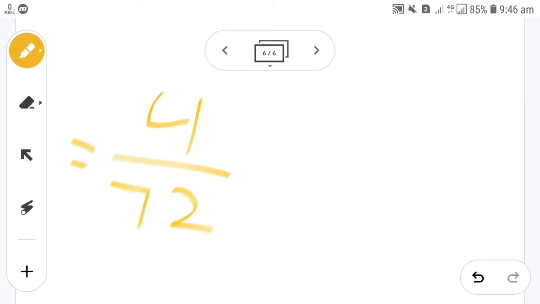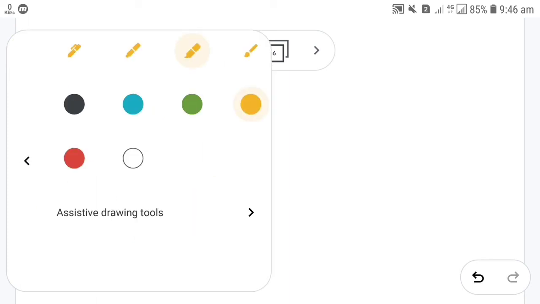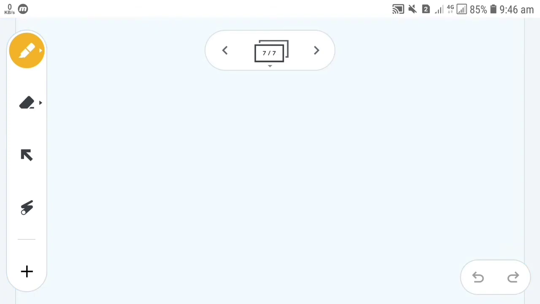Now we are going to multiply two fractions. Multiplication of two fractions is so easy. We take an example, 1 by 7 multiplied by 3 by 4.